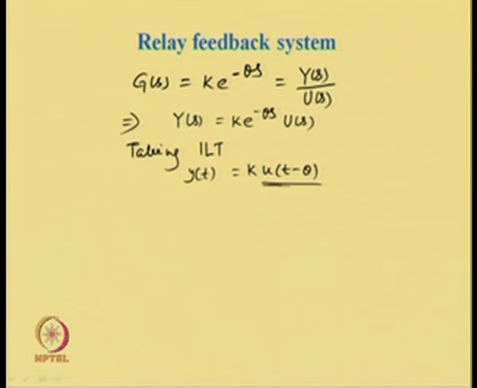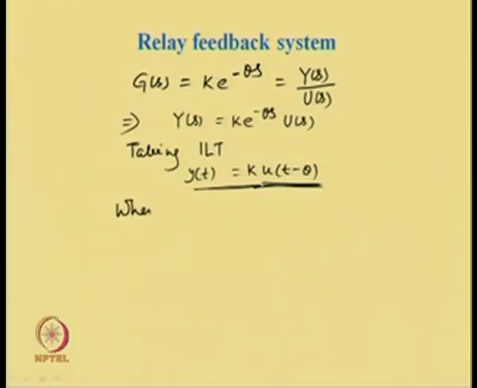So, for such type of input, as you have seen earlier, the input is a delayed input, and for different time ranges we have got different magnitudes for the input. So, when t is between 0 to theta, u(t minus theta) is equal to h.